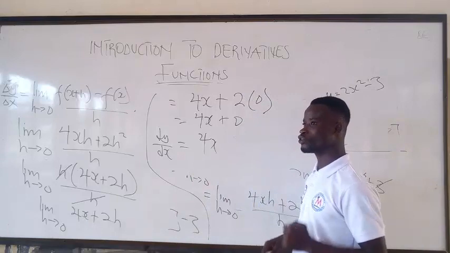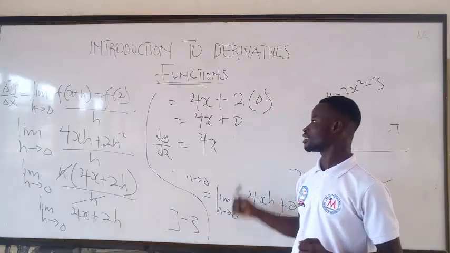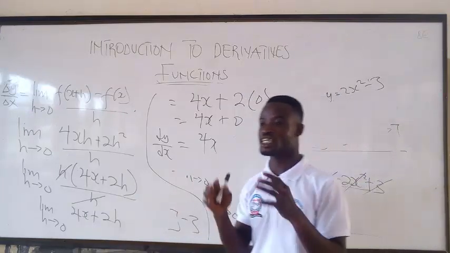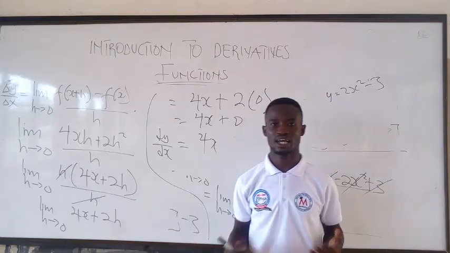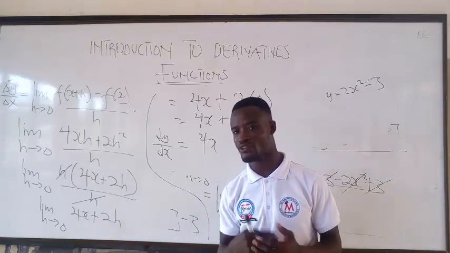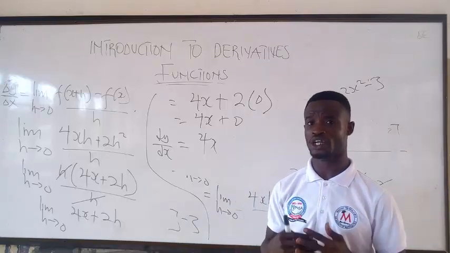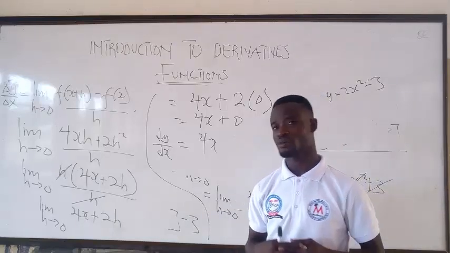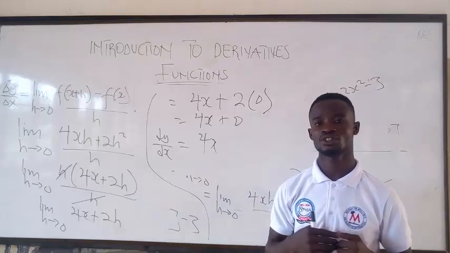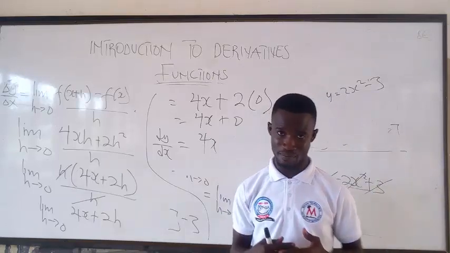If you remember, I told you in school that any derivative function, any result you get after using the first principle, that result in terms of x is the derivative function, or the slope function. But here, you know, the dy/dx is the same as that.